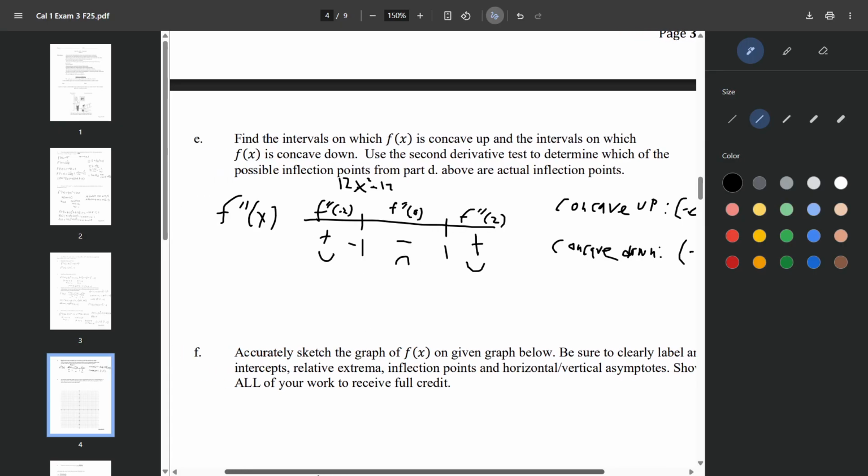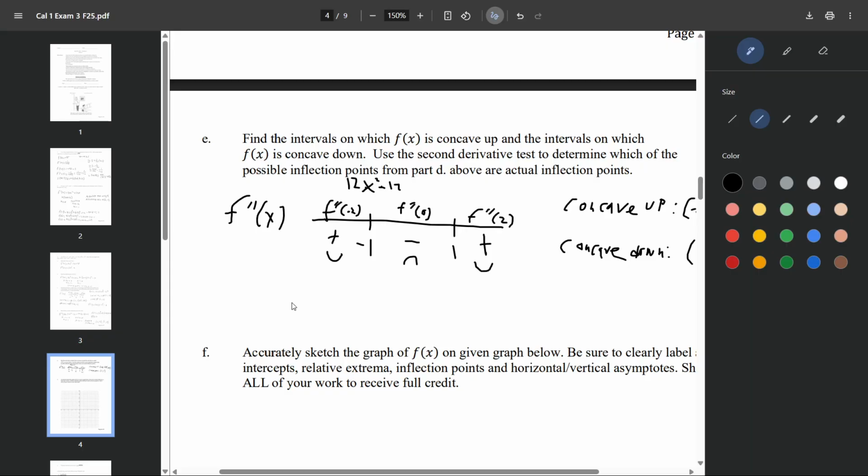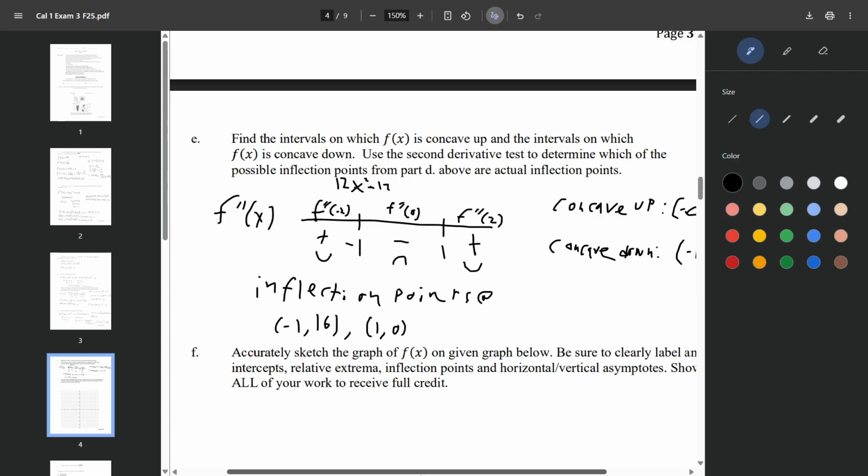So our inflection points are at -1, 16 and 1, 0. And that is all for part E.